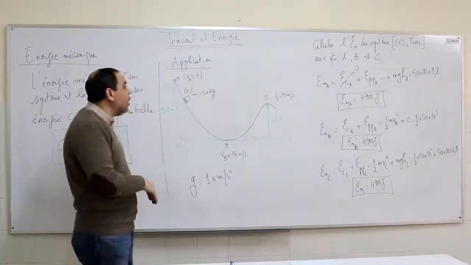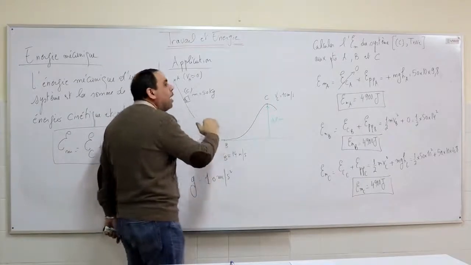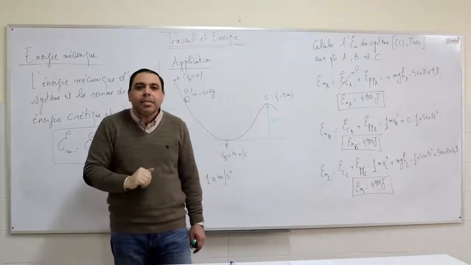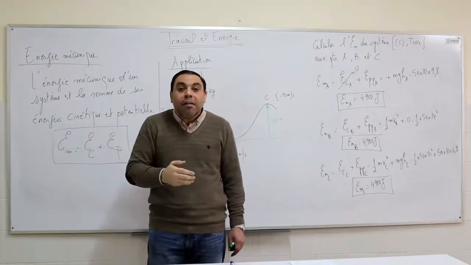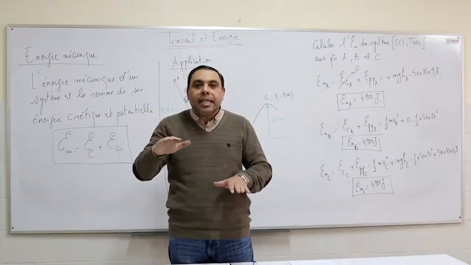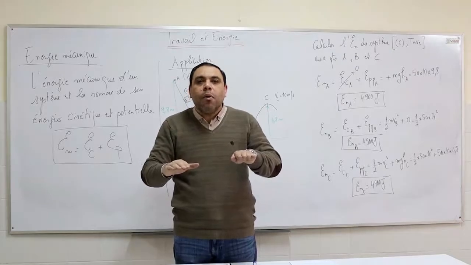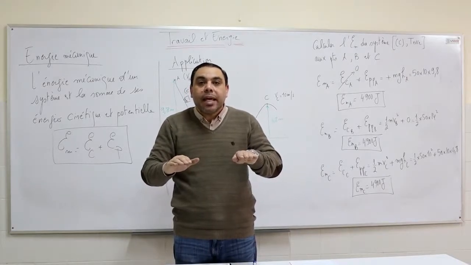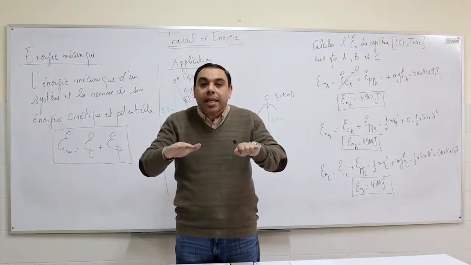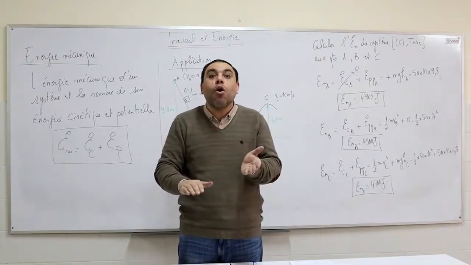So when the mechanical energy is conserved, the gravitational potential energy is totally transformed into kinetic energy. During its descent, the cart's speed increases, its gravitational potential energy decreases, while its kinetic energy increases, because the mechanical energy is conserved. We say that the decrease in the gravitational potential energy is transformed into an increase in the kinetic energy.